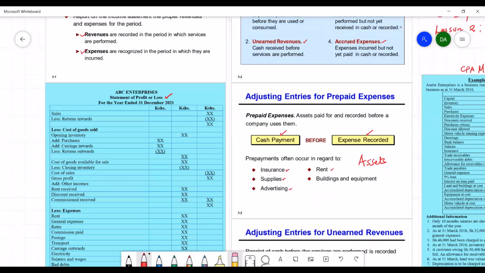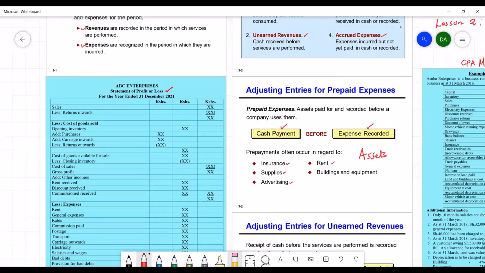In the income statement, prepaid expenses should be deducted from the total payment for that expense. That is in the statement of profit or loss. But in the statement of financial position, prepaid expenses are supposed to be assets.